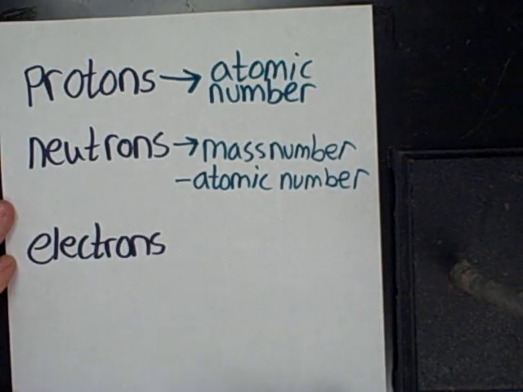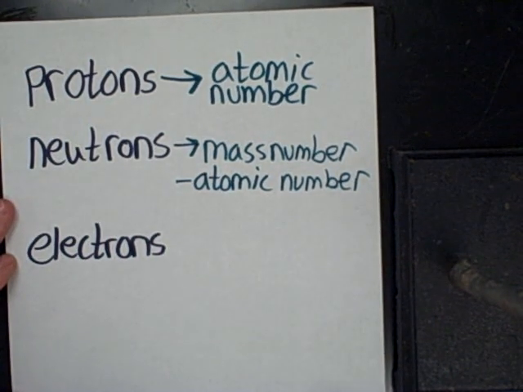And that answer will be our number of neutrons. This is because the mass is the total of the protons and the neutrons in the nucleus, the two particles that contribute to the mass of an atom. So they give us the mass number, and from there we subtract the atomic number.